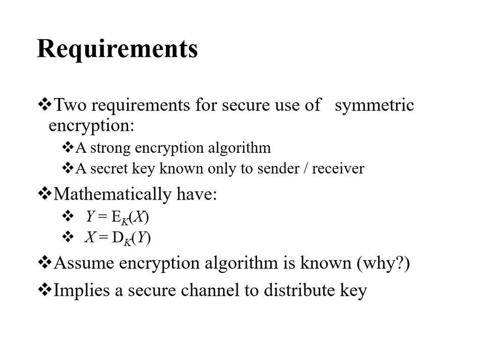Mathematically, the encryption algorithm can be represented as Y equals E sub K of X. Here, Y is the ciphertext, E is encryption, K is the key, and X is the plain text.